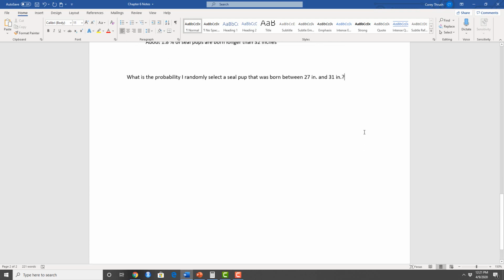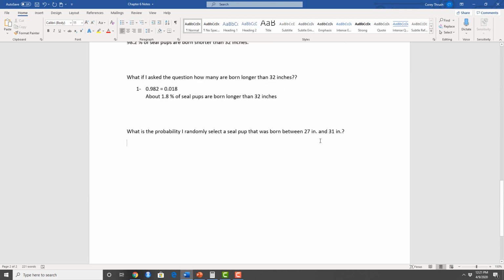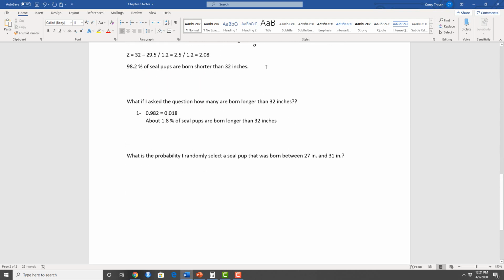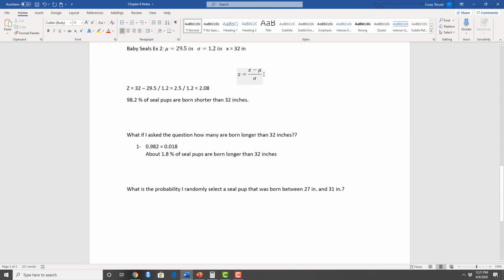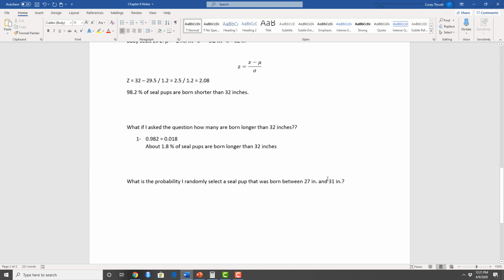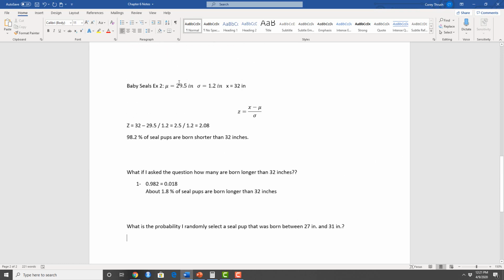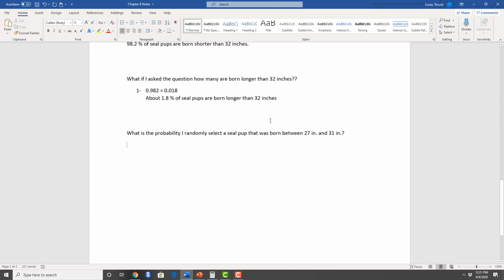So figuring out that solution on our PowerPoint, we have our z-score formula right here: z equals x minus mu divided by sigma. We know that our mu is still 29.5 because we're dealing with the same data, and our standard deviation is 1.2. However, our x has changed because we're looking for between 27 and 31.